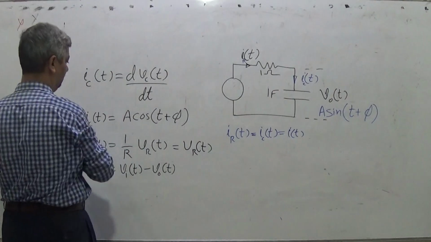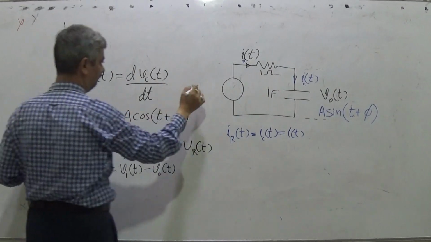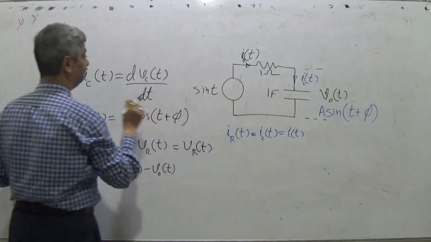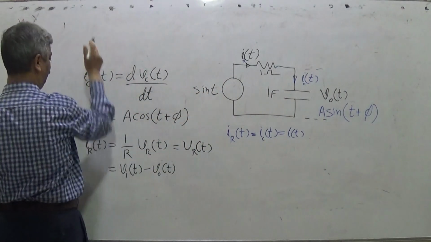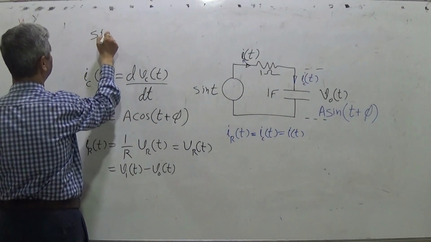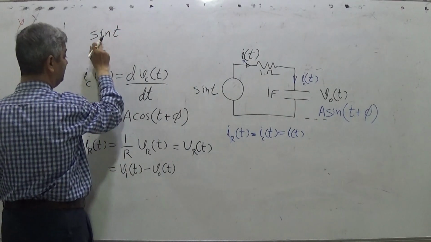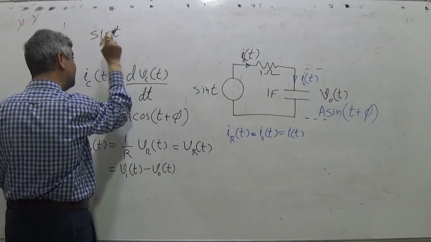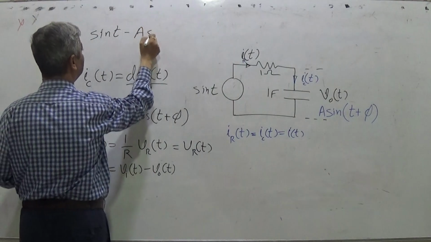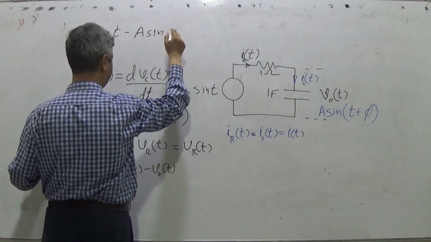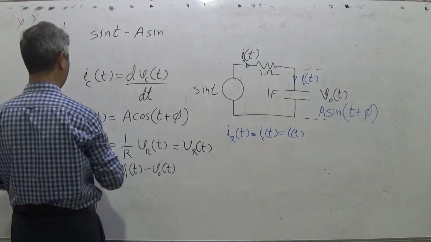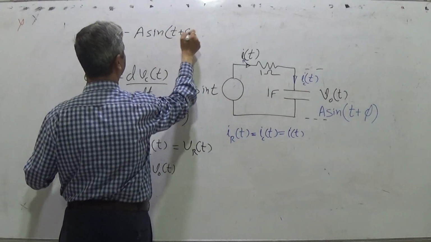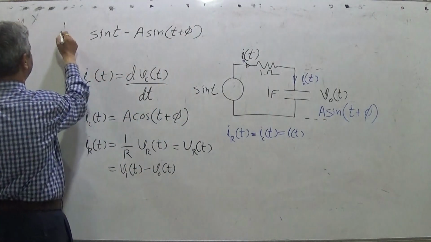I assume A is 1. So Vin(t) is sin ωt, that is sin t, not t plus something. So that is sin t minus Vo(t), which I assumed as A sin(t + φ).